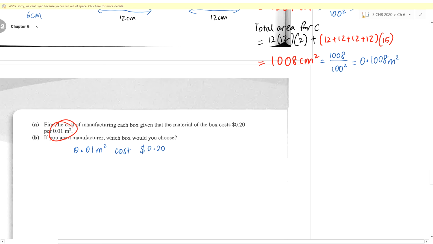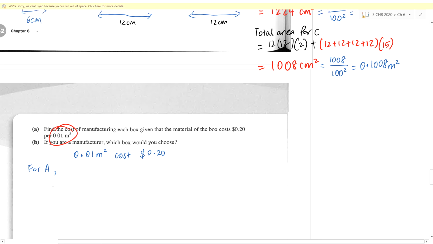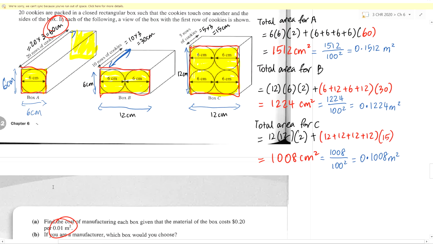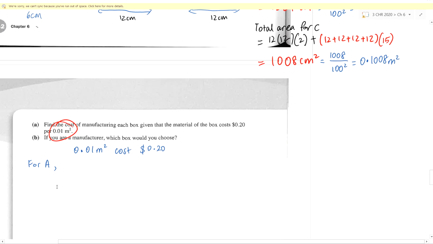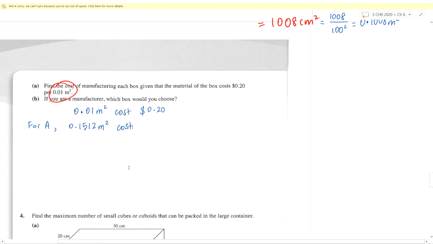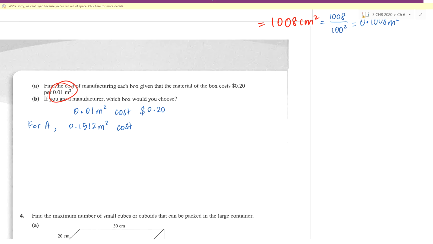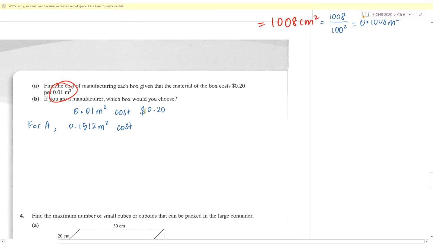So for box A, the area is 0.1512. 0.1512 square meters will now cost, take this value divided by 0.01, then you multiply by 0.1512.